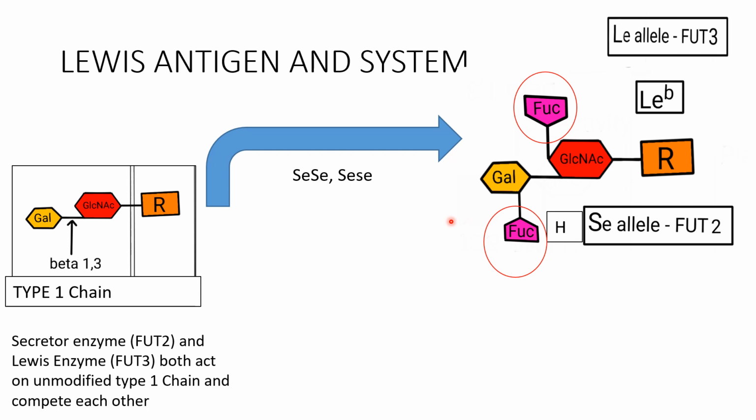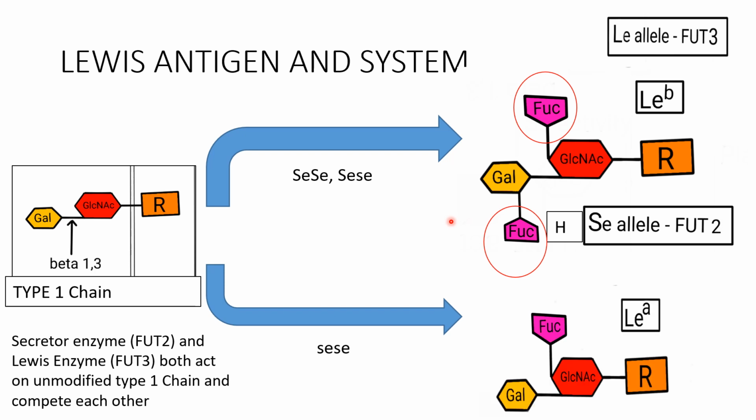But sometimes you may have a small se. That means your secretor is absent. So obviously when secretor is absent, you cannot attach the fucose, and your H antigen will not be formed. But your Lewis FUT3 gene is still present, so it will attach its sugar.